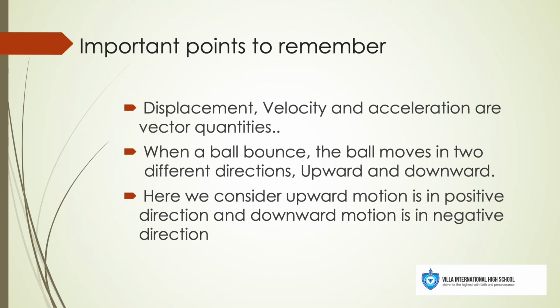In this case, we consider the upward motion positive and the downward motion negative. Then next, the graphs: how the displacement time graph, velocity time graph and acceleration time graph look for our bouncing ball.